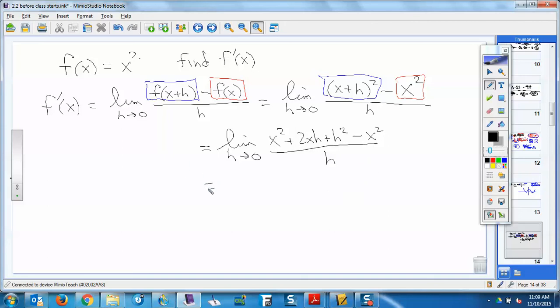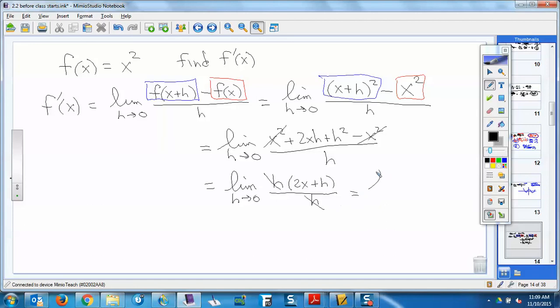Now, the nice thing that was happening to us before was something was canceling, right? And in this case, it's still happening. The x squared's cancel, right? Now what? Factor out that h. Right? Which allows those to cancel.